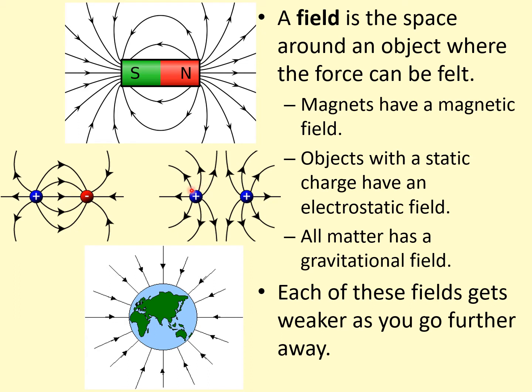Like charges, the same charge, positive and positive, repel, and opposite charges, positive and negative, attract. Similar to the bar magnet, a north and a north will repel each other, a south and a south will repel each other, and a north and a south will attract. That kind of makes sense.